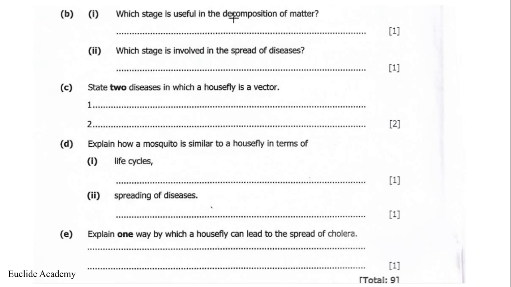So we know that houseflies lay eggs on dead bodies of organisms or decaying matter, feces, or any rotten thing, and then the eggs become the larva, then they start feeding on the garbage or the dead bodies. So the stage useful in the decomposition of matter is the larva stage, or the maggots.